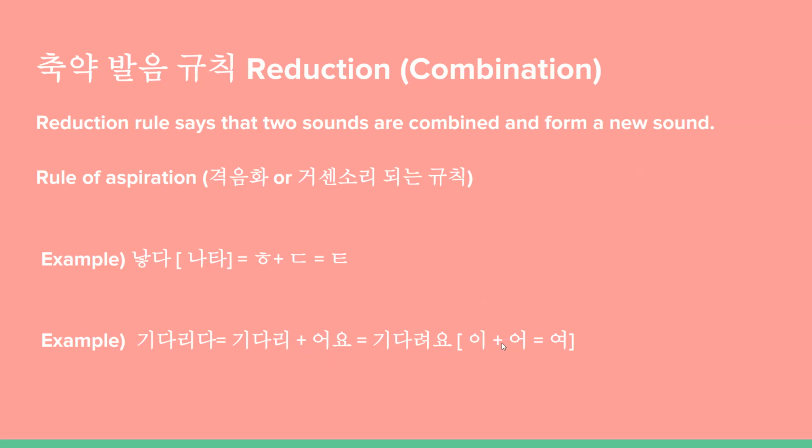I plus eo gives us a new sound, 여, 기다려요. There are some people that can write and say 기다리어요. That's also correct, but usually Koreans say 기다려요 with 여. This is called 축약 발음. That's reduction. So instead of writing 기다리어요 or 나타, we just pronounce 나타 and 기다려요.